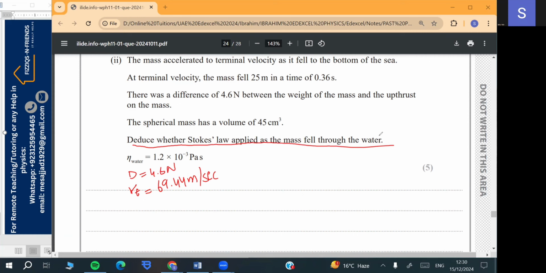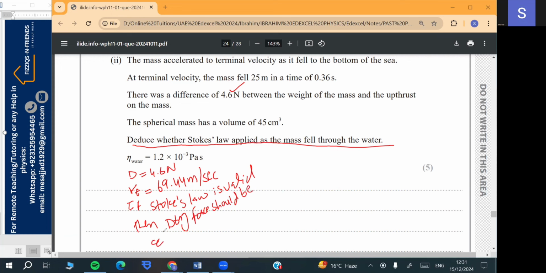Our answer should be 4.6 Newton, because this equals the drag. If Stokes law is valid, then the drag force should be equal to 4.6 Newton.